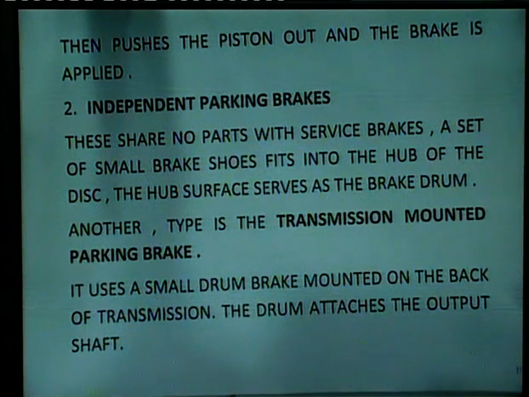That is, it is the drum which is attached at the end of the transmission. It may be a gearbox, and at the end of the gearbox there is a drum onto which shoes are attached, and when the parking brake is applied, it will lock the whole transmission system.